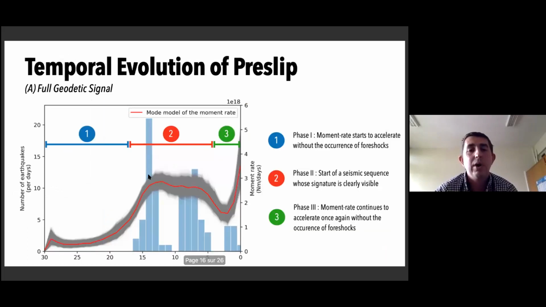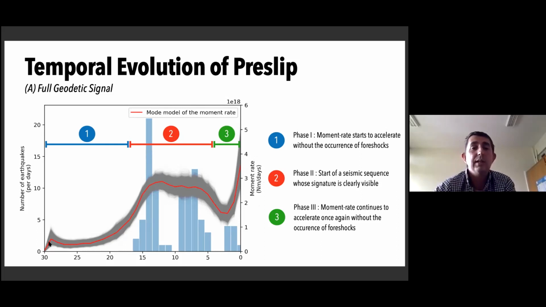But how does it evolve with time? Again, it's rather hard to show because we have an ensemble of models. So instead of showing you various models, what I'm showing you is the temporal evolution integrated over the whole fault plane and expressed in terms of moment rate, so Newton meters per day. So not cumulative moment, but moment rate instead.